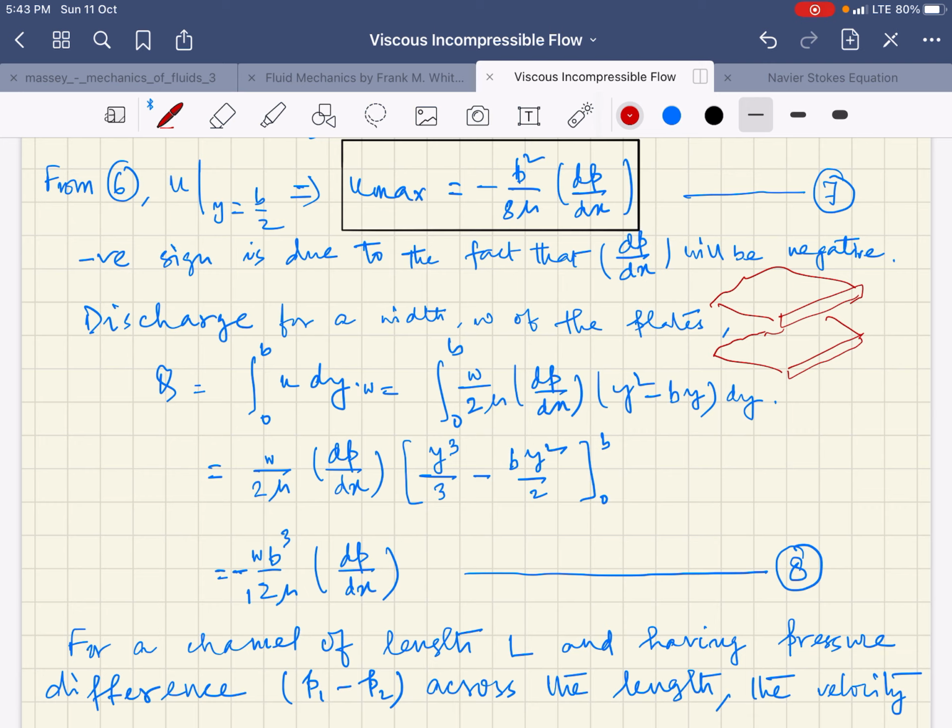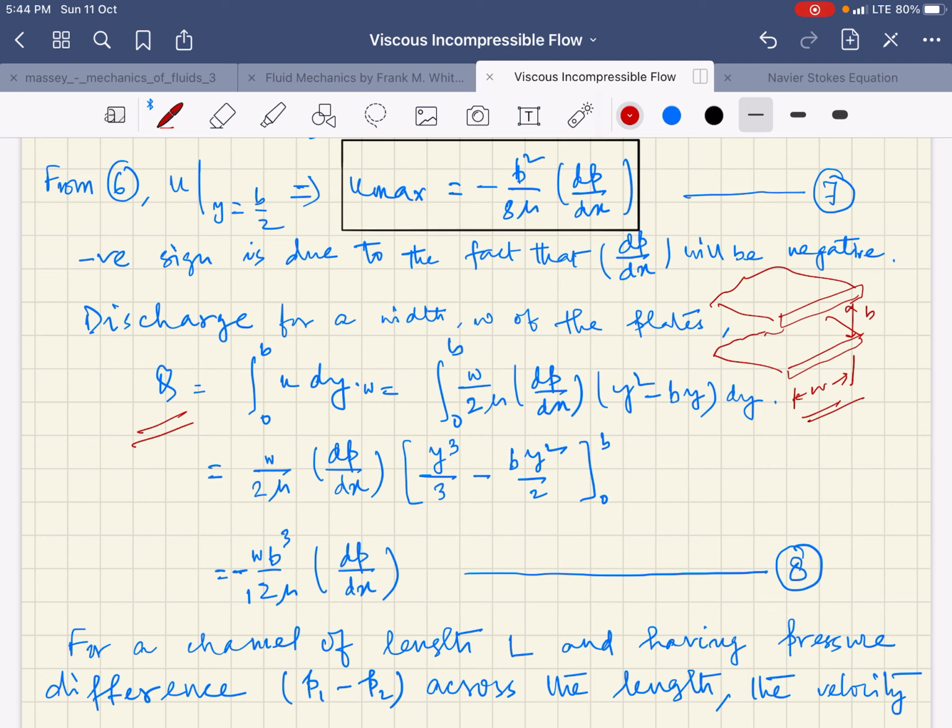Here this is basically your b, and this is the width we are considering. In some books you will find this discharge written per unit width. If you know that dimension, you can just multiply to get the flow for that particular width.